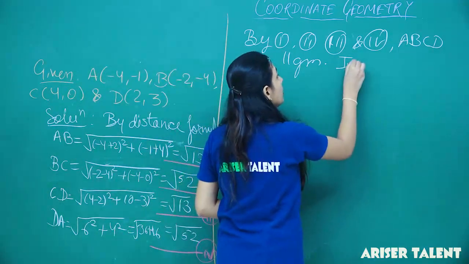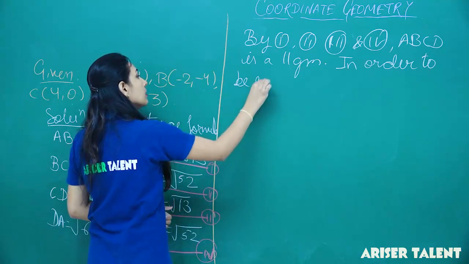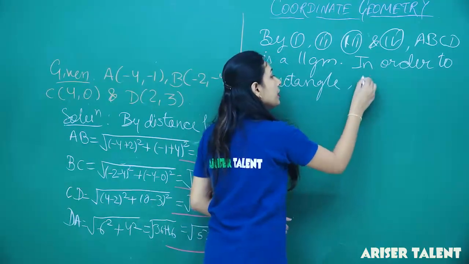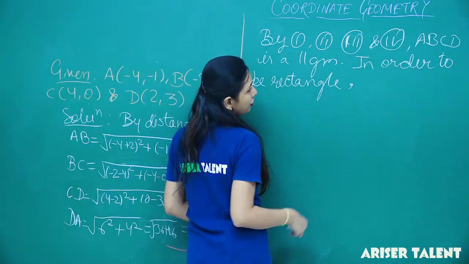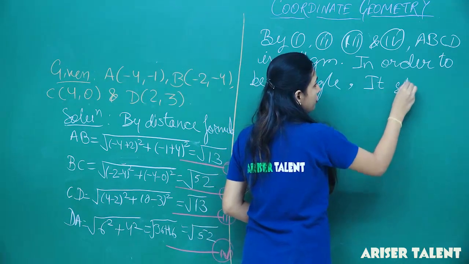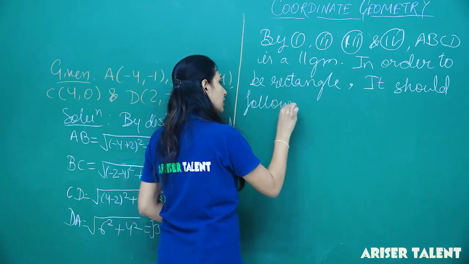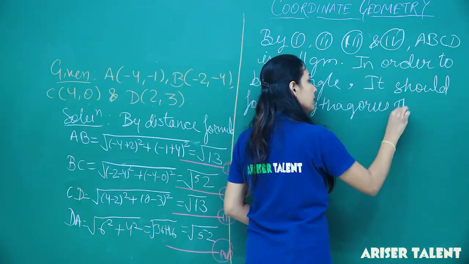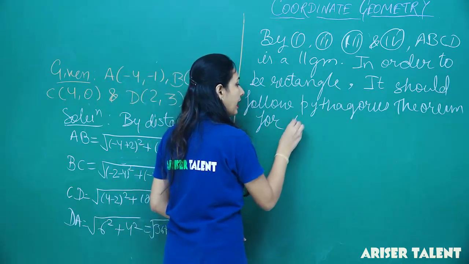In order to be a rectangle, the diagonal should follow the Pythagoras theorem for triangle ABC.